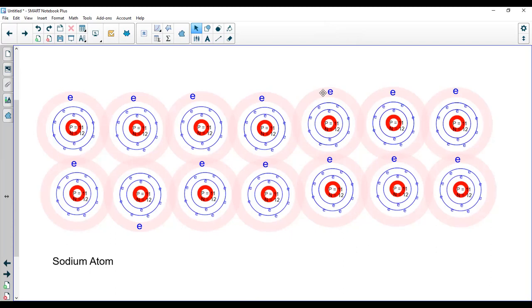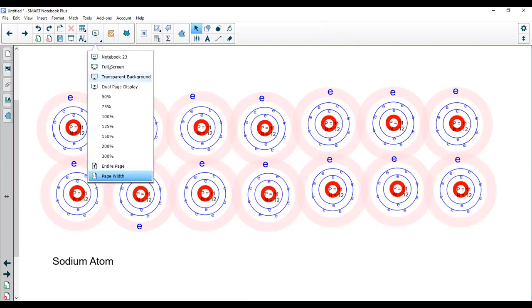They cannot switch their atom. Is that clear? So this thing is always there. Now what happened next?